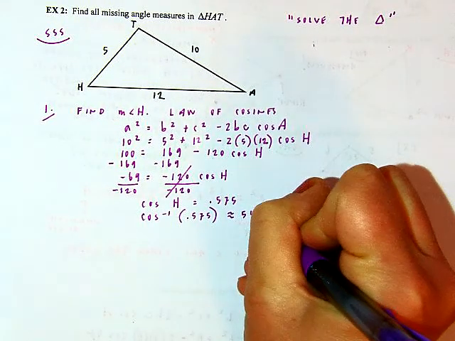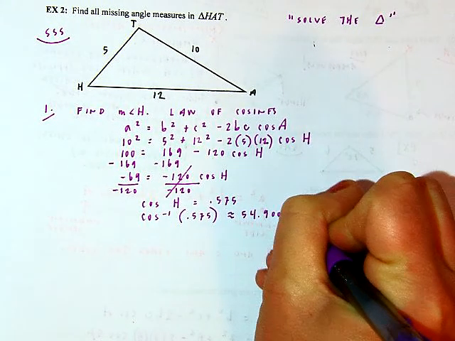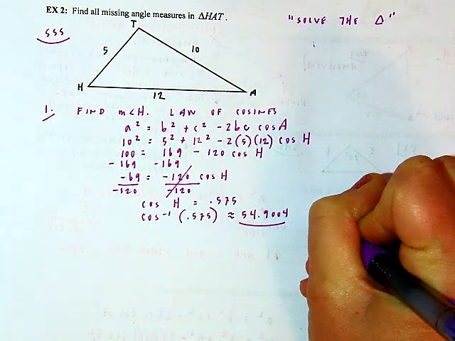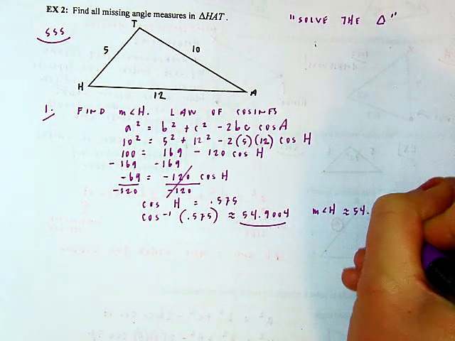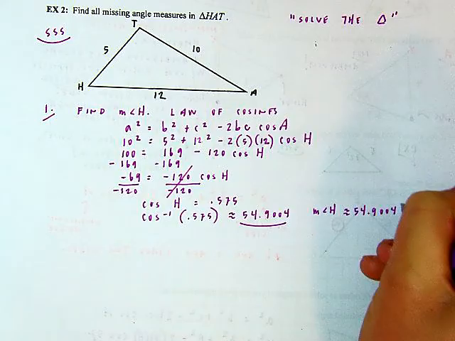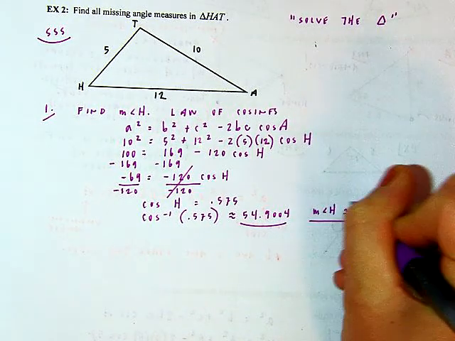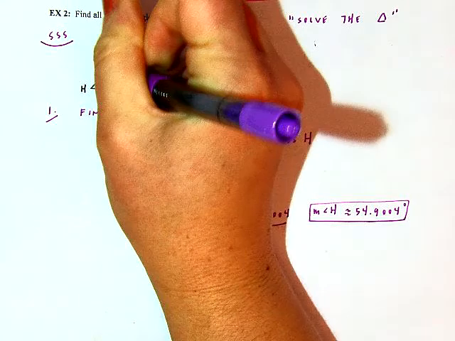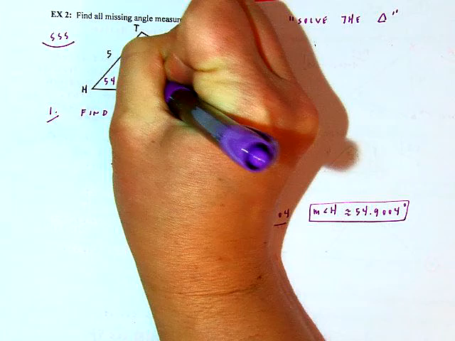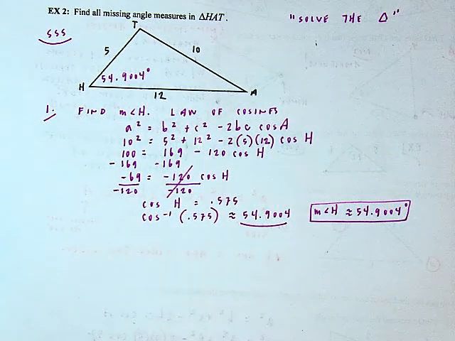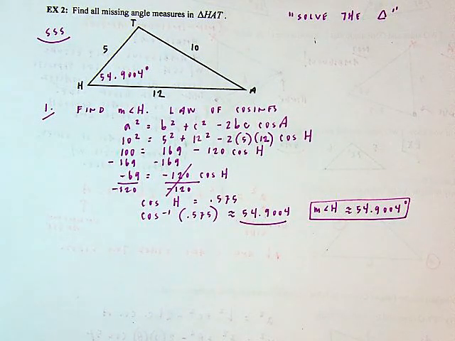That's the measure of h. So measure of h is about 54.9004 degrees. Let me put that in place right here. 54.9004 degrees.